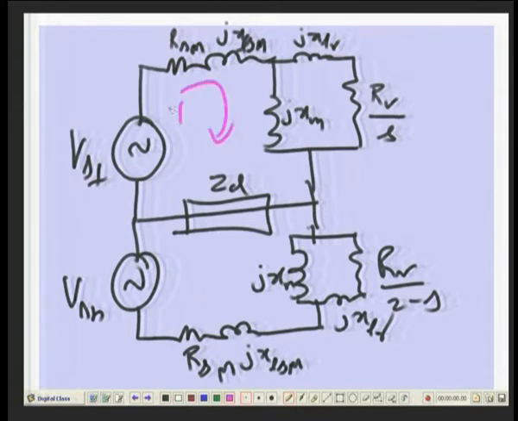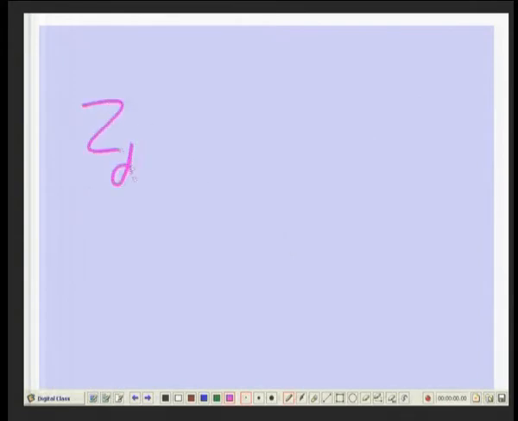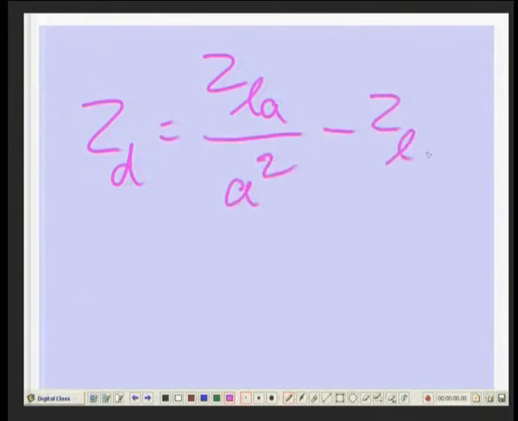This will be ISF, ISB, and most important, ZD will be ZLA by A square minus ZLM.